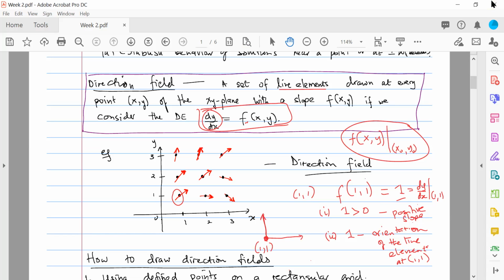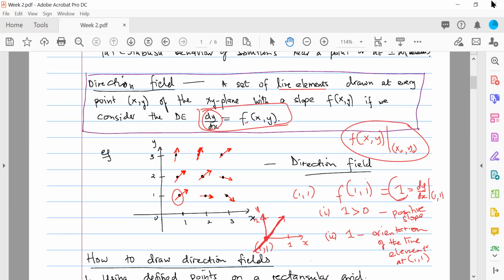If the slope is equal to 1, then we have moved one step in the x direction and one step in the y direction. So we will have a slope of this nature, and we can say this is the line element at the point (1, 1).